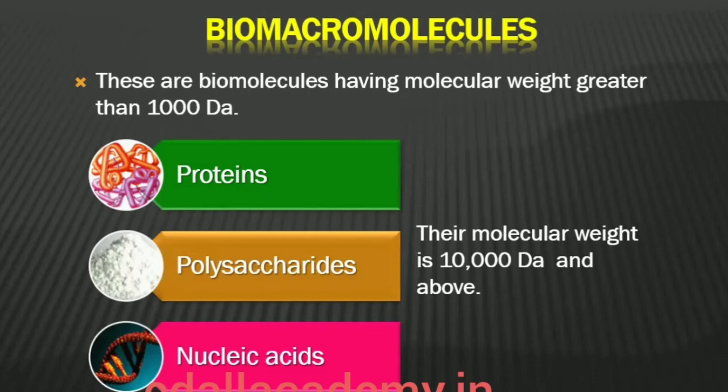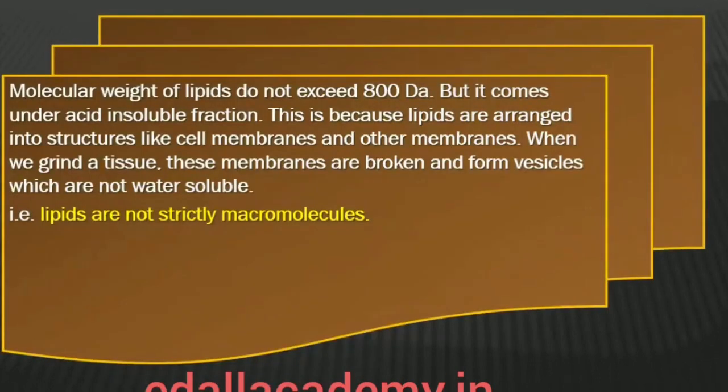Then why do lipids, whose molecular weight does not exceed 800 daltons, come under the acid insoluble fraction, for example the macromolecular fraction? Lipids are indeed small molecular weight compounds and are present not only as such but also arranged into structures like cell membrane and other membranes.